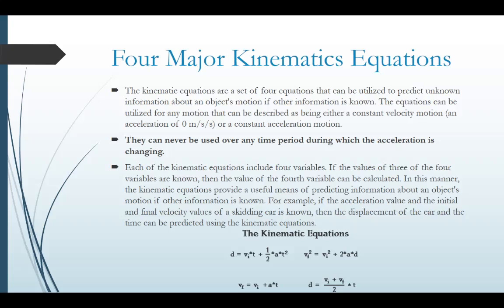You must have a constant acceleration in order for these kinematic equations to work. There are 4 variables. If the values of 3 of the 4 variables are known, then you can solve for the 4th variable. Okay? Which equation you use depends on what information you need, what variable you're trying to solve for, as well as what variables you already have information for.